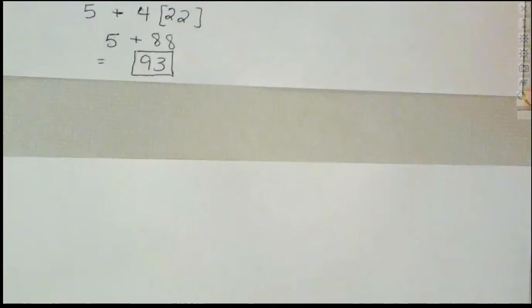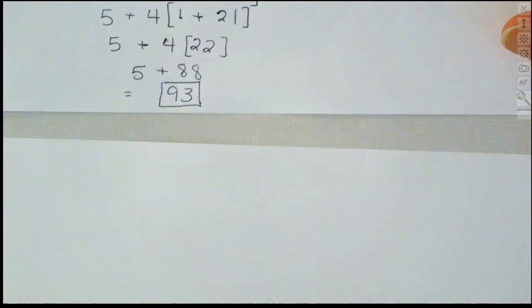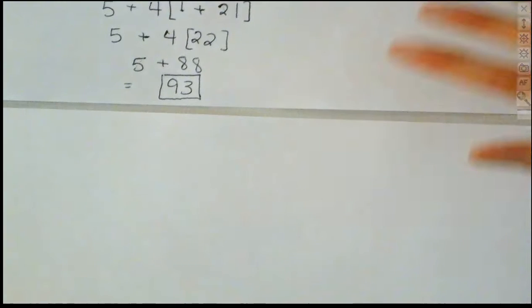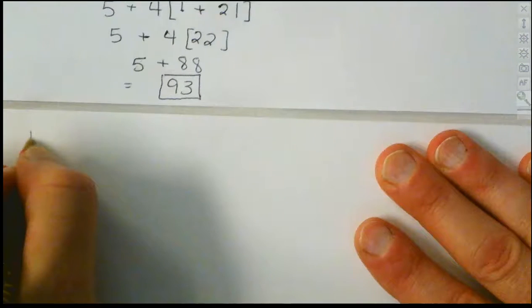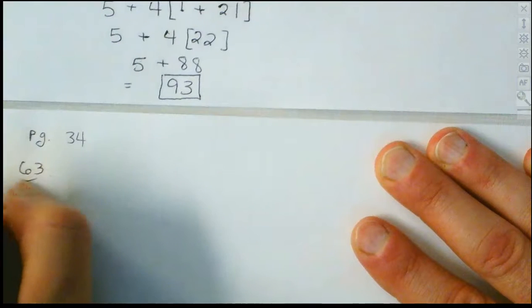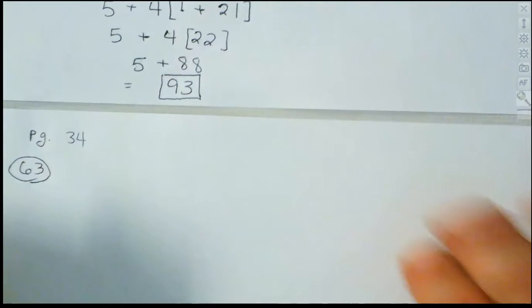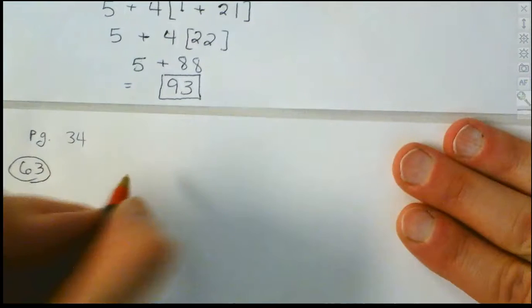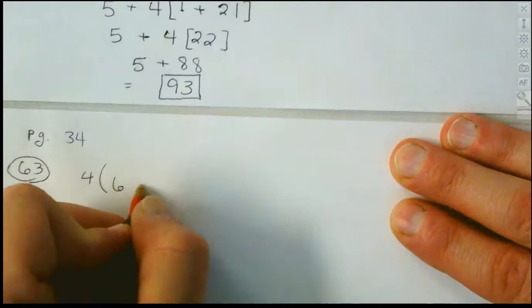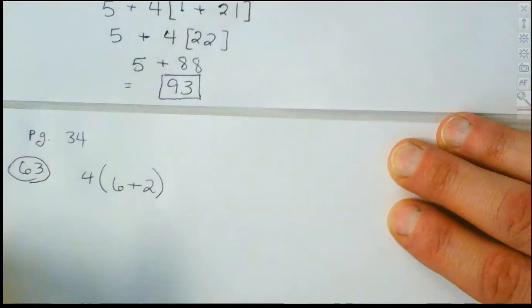Again, 63 is going to be order of operations. So again, page 34, question 63, order of operations. This one looks very intimidating. It looks a lot more difficult than what it actually is.